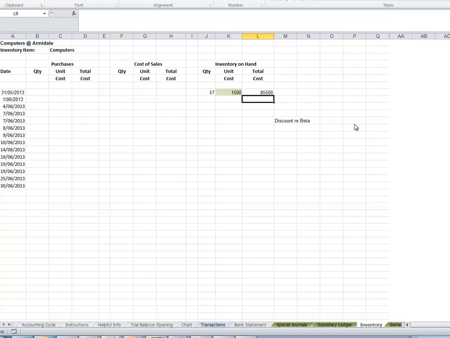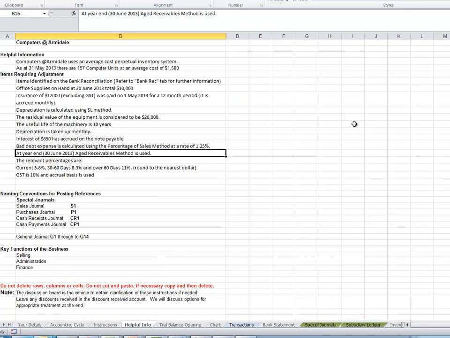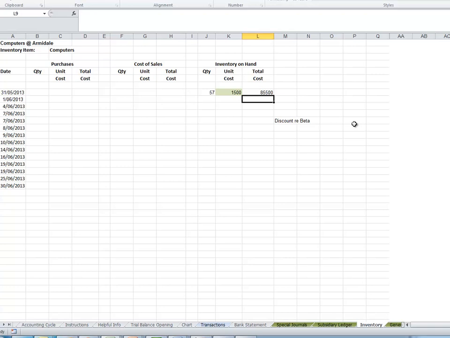Because they didn't go green. And again, if not, you'll know how to fix it. So let's just check. Instructions. Helpful information. Oh, it's 157. So I got that wrong. Inventory, I go 157. And so now I know that that's right.